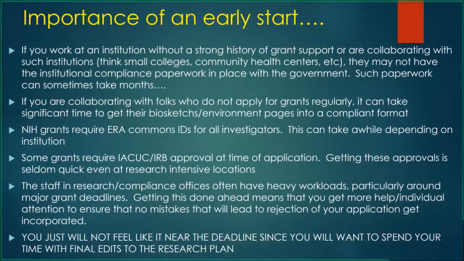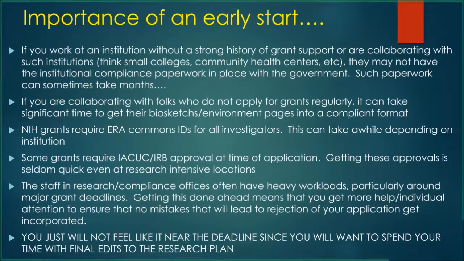So let's say you're doing an educational grant with small colleges without a lot of grant writing experience, or you're working with a community health center that just might not have the infrastructure for doing grants. If they do not have institutional compliance paperwork in place with the government, it can take months and months and months for that to come out.